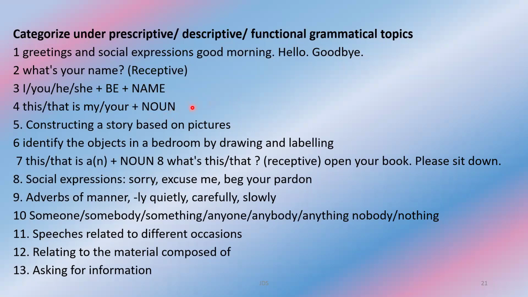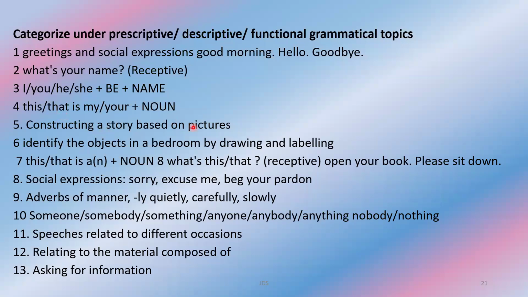Okay. Prescriptive or structural, both. Prescriptive and structural. More than prescriptive, it's more towards structural. With this and that you have to use "is", with these and those you have to use "are", like that. So it becomes more of structural.